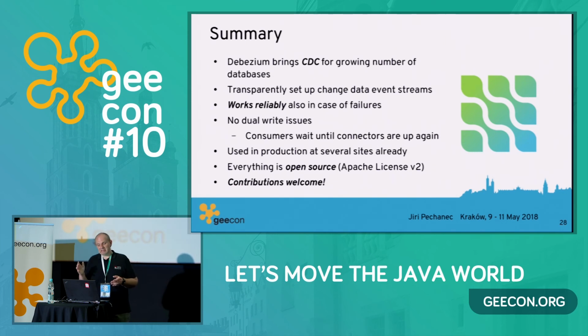Our project, as everything at Red Hat, is of course open source. It's Apache licensed, and we are very glad for any contribution that arrives, not only code, but also improving documentation and everything.